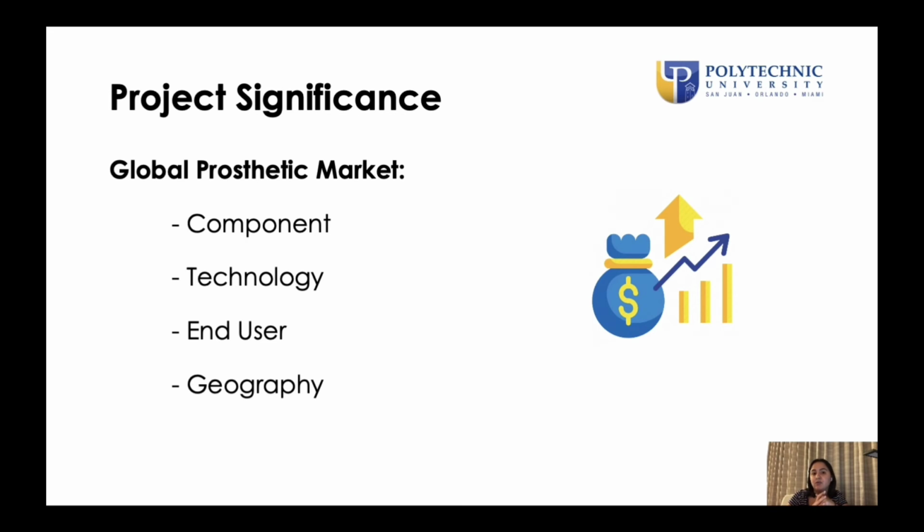Our prosthesis will be electrically powered. It will be a myoelectric prosthesis. End user can be prosthetic clinics, hospitals, and rehabilitation centers. And geography: North America, that is most of the market, Europe, Asia Pacific, and the rest of the world.